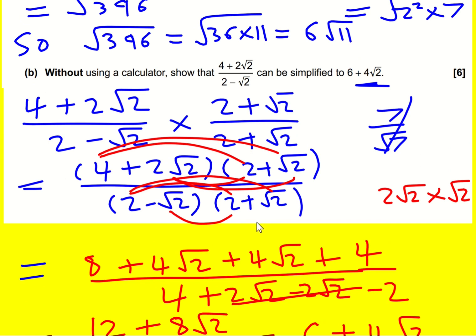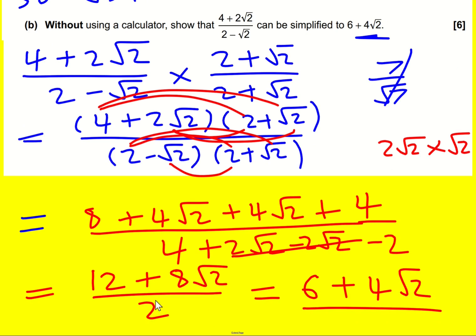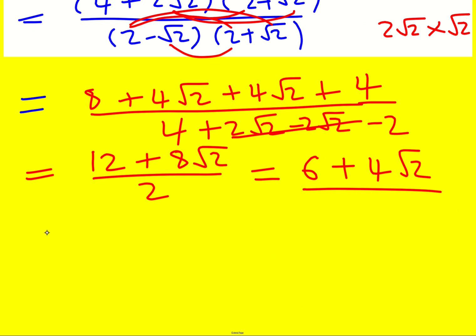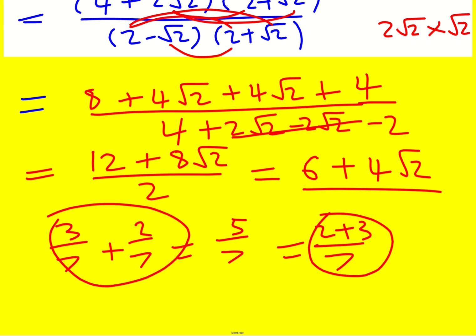You need to be able to multiply out double brackets involving surds, see that this bottom one cancels, and realize that it comes back to the fact that if you have, say, 3/7 plus 2/7, then we get 5/7, or even 2 plus 3/7. What I'm trying to say is that I can split this thing back into this thing, which is what I did in this last step.